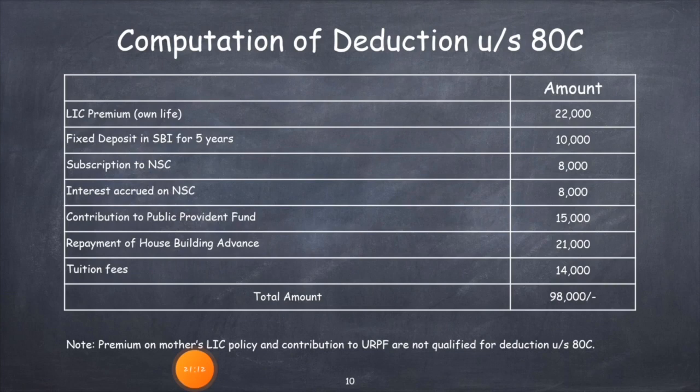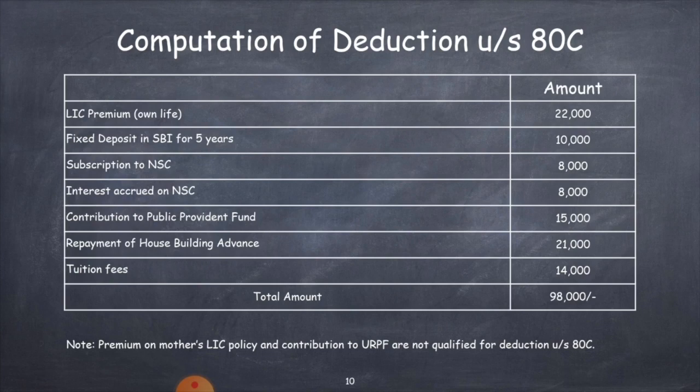So see the computation of deduction under section 80C. When you write all the claims that are eligible, you get a total of 98,000, and it is less than 1,50,000. So the whole amount can be claimed under section 80C.